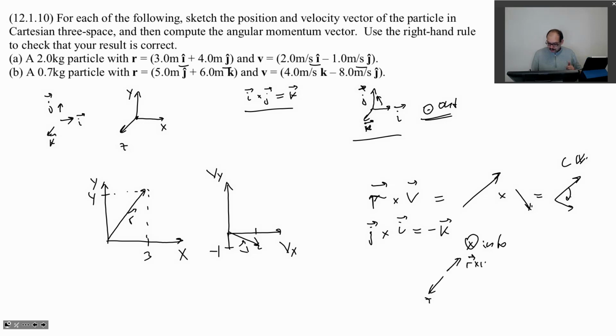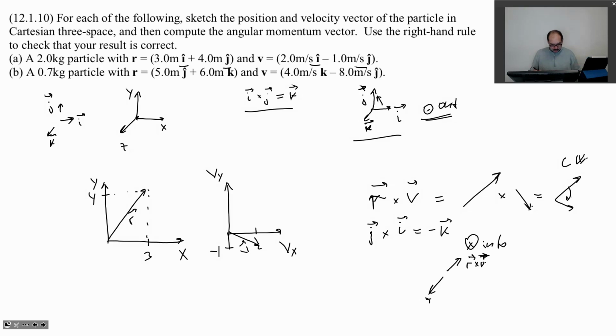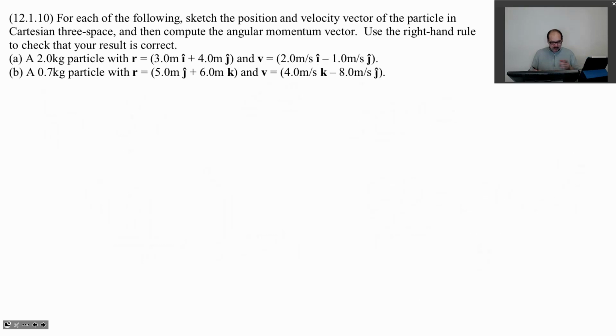r times v points the opposite way. These are arrows. And the same, oops. Okay. The same consideration goes for the second part. It's just that now we have to use not x, y, z, but y and z, so I can flip it.